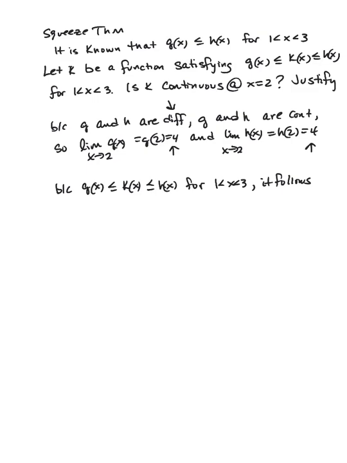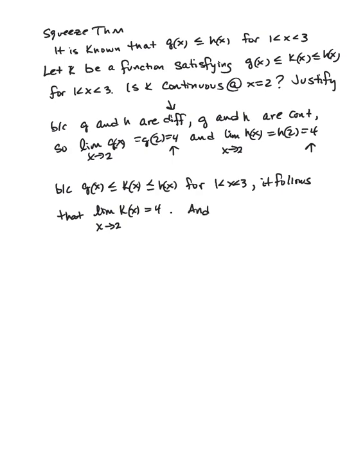It follows that the limit of k of x as x approaches 2 must be 4, right? Because k of x is squeezed between g of x and h of x, which are both 4. Therefore, there's no place for it to run. It must be 4. Okay?